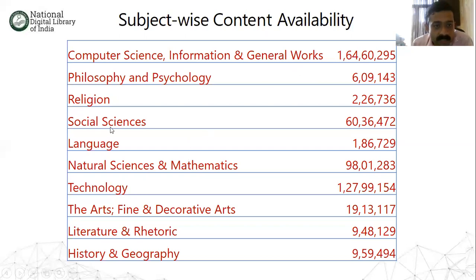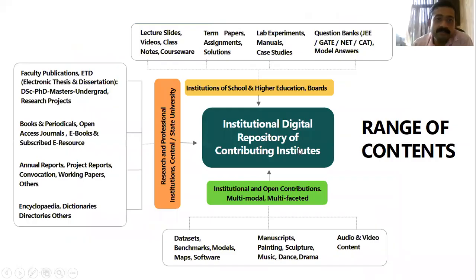Then as far as our concern, the management section, we can go for social science and technology. Subjects are integrated in social science and technology. If you search for books or any article, you have to click this social science and technology. Under this, our management section comes. This is subject-wise content availability.